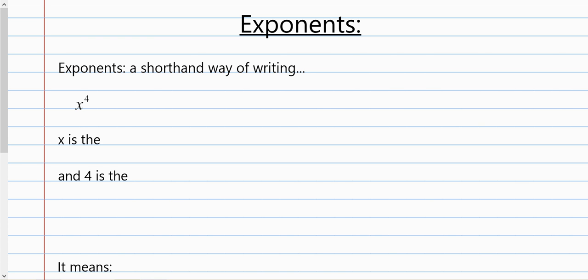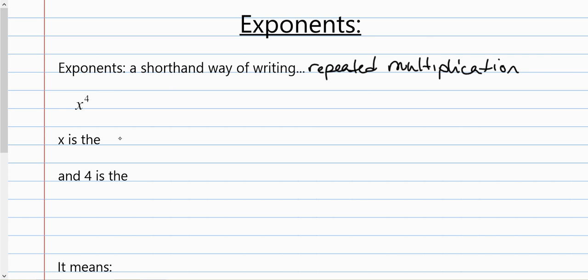To start with, we need to know what an exponent is, and you've probably known this for quite a while. But exponents are a shorthand way of writing repeated multiplication. So for instance, something like this. Before we can talk about the repeated multiplication, we need to talk about the pieces present within this expression.